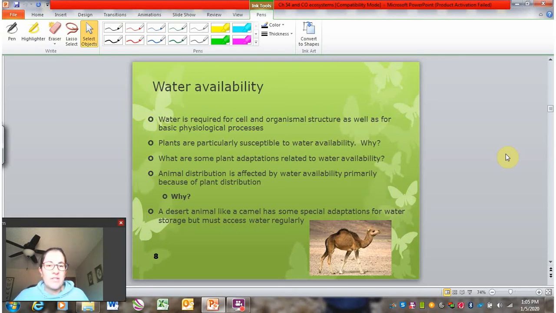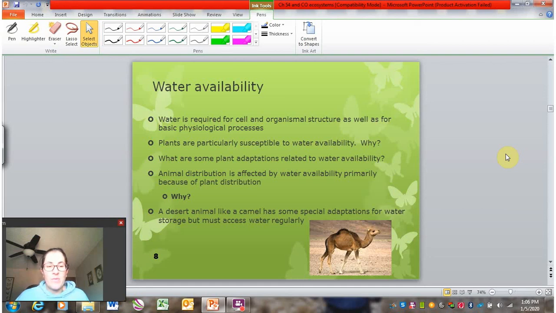Plants are particularly susceptible to water availability in the environment. This is because they're sitting in the soil, for example, and they need to be able to get water right where they're sitting. So plants have different adaptations related to water availability. Think back to the plant chapters where we talked about roots, for example, and stems and leaves having veins to distribute water.